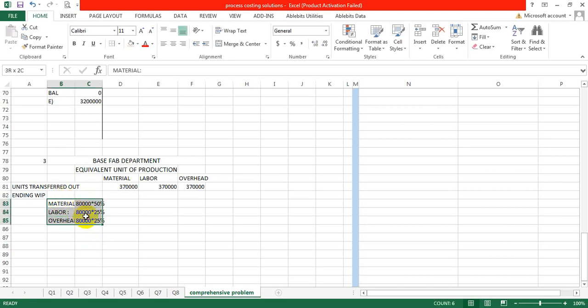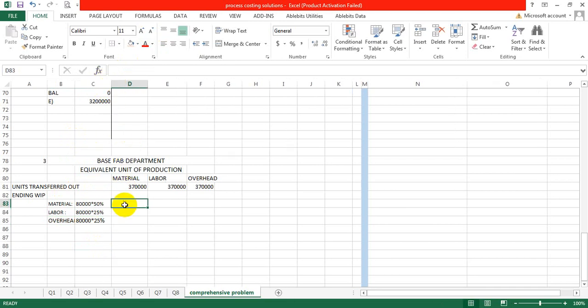Okay, now we will write the value of material. It's 40, this becomes 40,000. Directly you can write here, or you can calculate in that way, right? See here, 80,000 multiplied by 50%, so 40,000. What about labor?